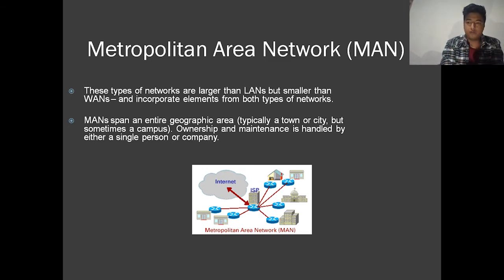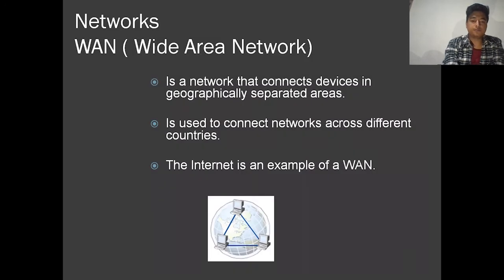Now we have Geo Fiber, which is a very fast connection. This is not a promotion video, I'm just explaining so that you'll understand better. Geo Fiber is one of the fastest connections as of now in India. So imagine the ISP is Geo Fiber. Through this ISP the network is provided to every house in the city. That's what a MAN is.